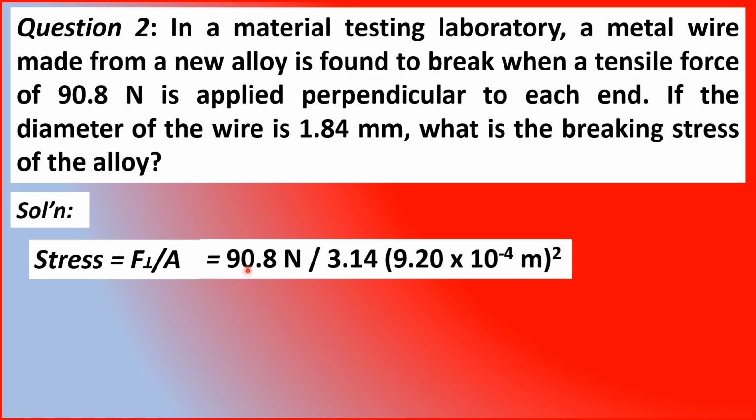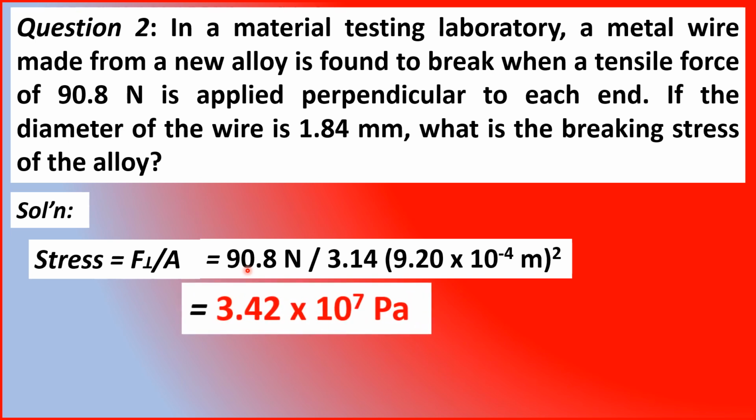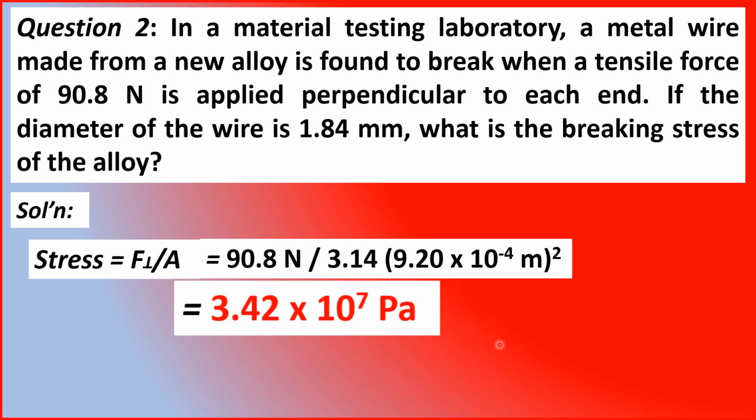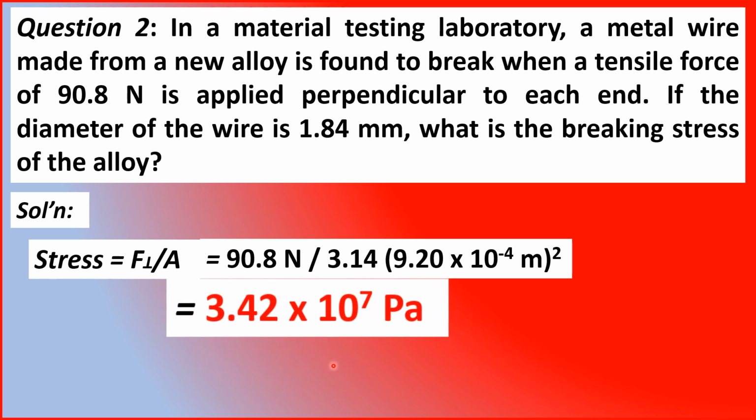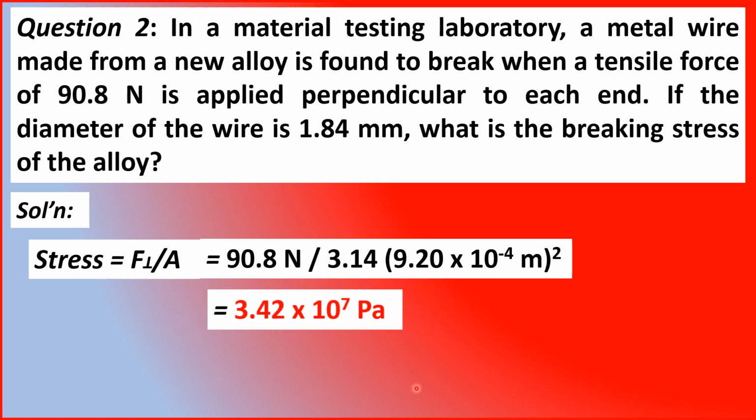So when you do your math, we will get this amount of the breaking stress of this alloy equal to 3.42 times 10 to the 7 power Pascal or Newton per meter squared.